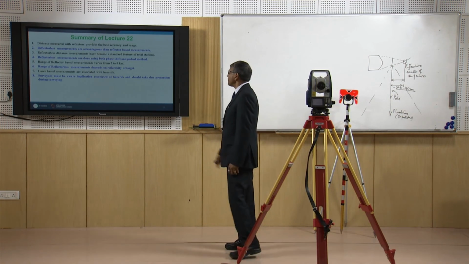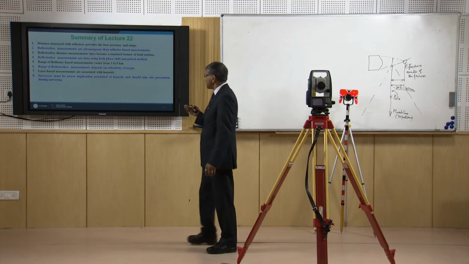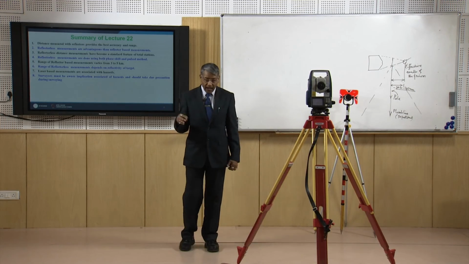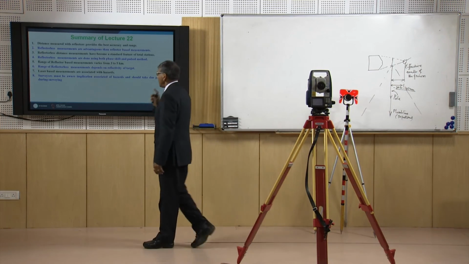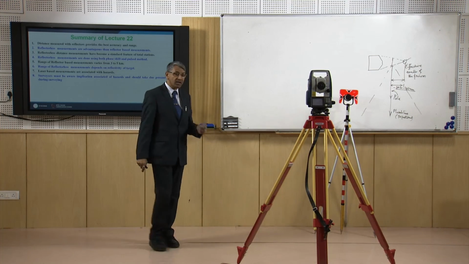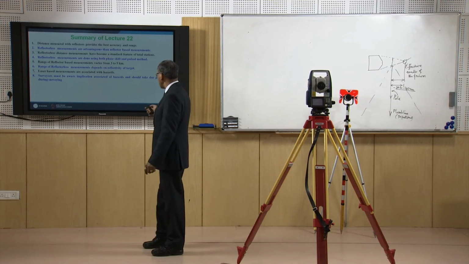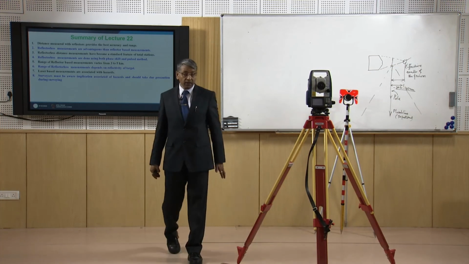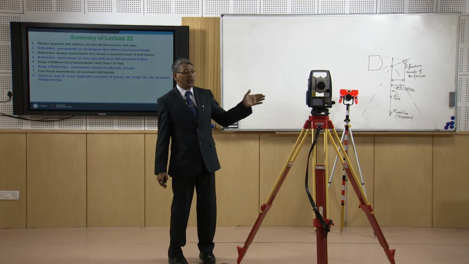However, the range of reflectorless measurement is less. So there are some mutual advantages and disadvantages which we should know, and accordingly we make use of. But one thing we have to keep in mind, that laser based measurements are associated with some hazard. So its implications we should know, and accordingly we should take care. The important point is that we should not expose our eye to any laser beam.